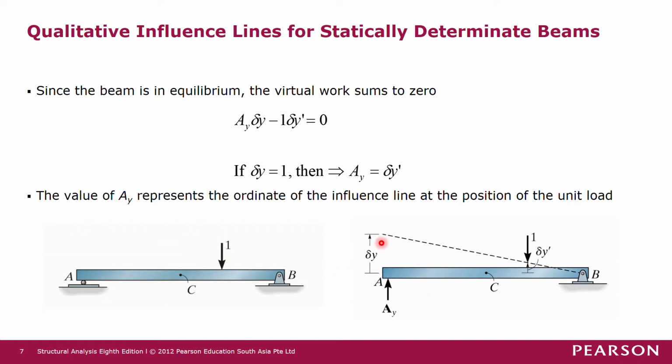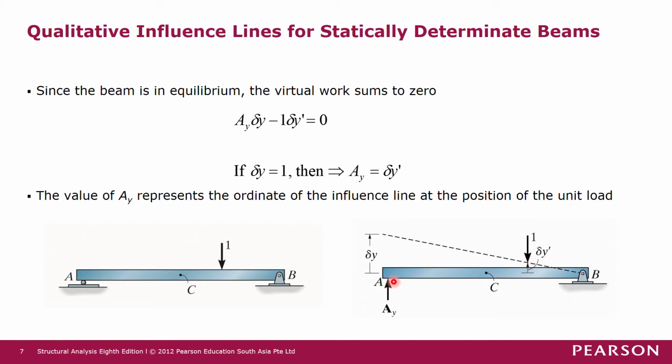If we apply the support reaction AY at point A here, then this AY will cause a displacement upward. This is del Y. If the 1 unit force is placed here, then this 1 unit force will have a negative work, because the direction of the force is opposite to the direction of the displacement.